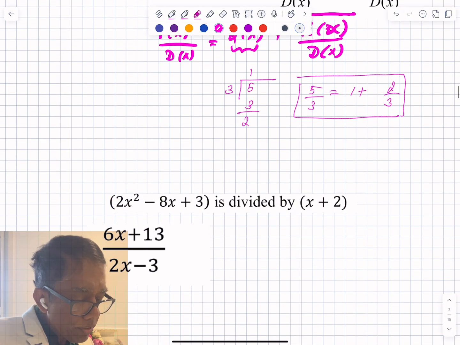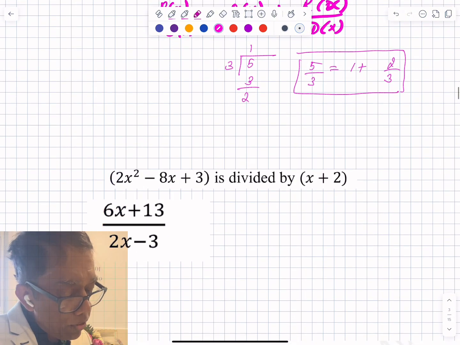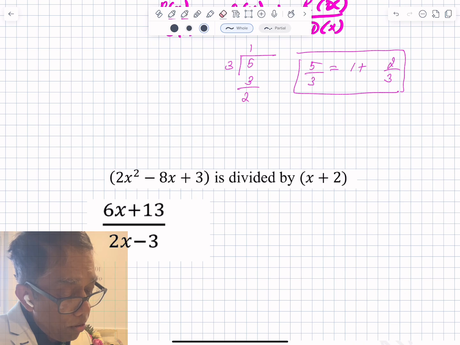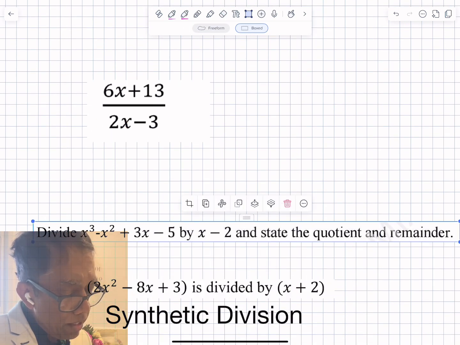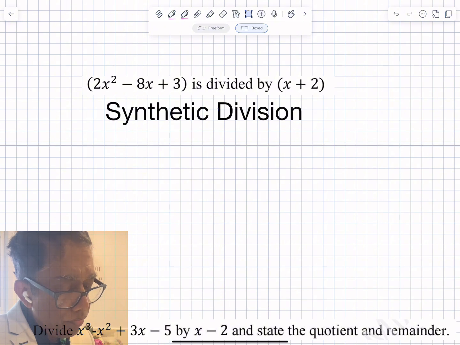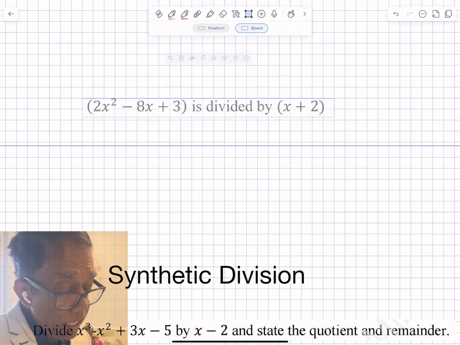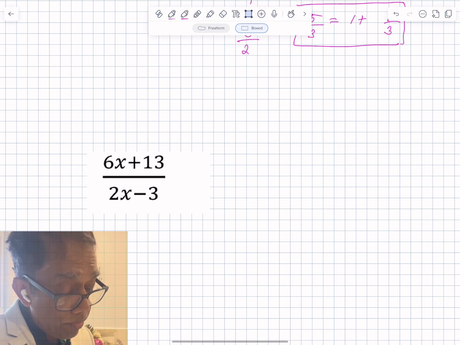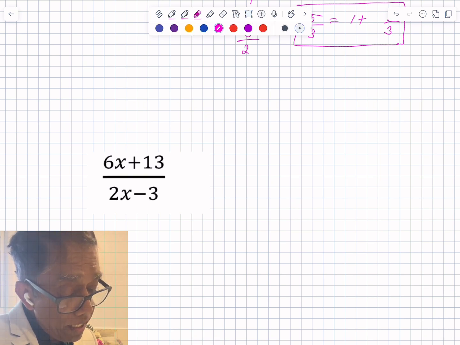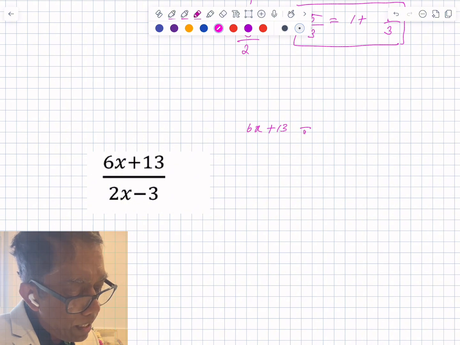Okay. Let's start with how to divide a polynomial by another polynomial. I'll start with a linear polynomial divided by a linear polynomial. Here it is given that 6x plus 13 has to be divided by 2x minus 3.